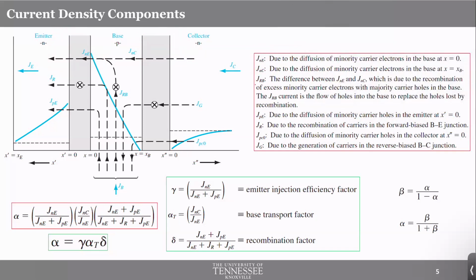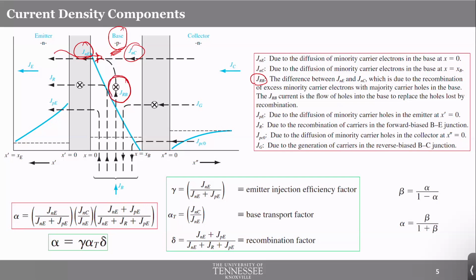What is the other one? JRB. This is basically the difference between what you get here and what you get here, JNE and JNC. The reason for having this difference is that recombination occurs within the base. The base has a lot of holes because it's p-type, and electrons are getting injected into the base. Obviously, electrons and holes can recombine and eliminate each other.